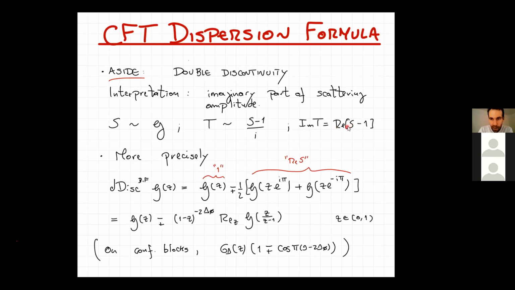It's the real part of S minus 1, where 1 is the Euclidean correlator and S is the analytically continued correlator. And so it's very easy to see that this definition of the double discontinuity, when you do it on conformal blocks, gives back the conformal block times the sine squared factor. Okay. So questions about this?